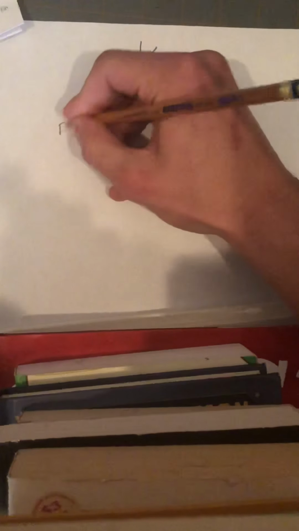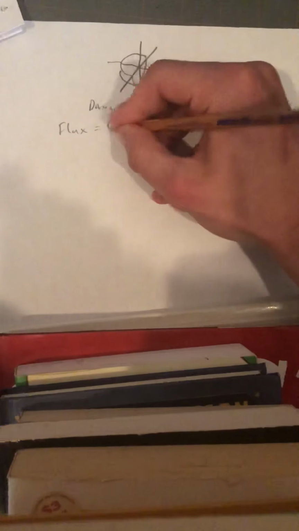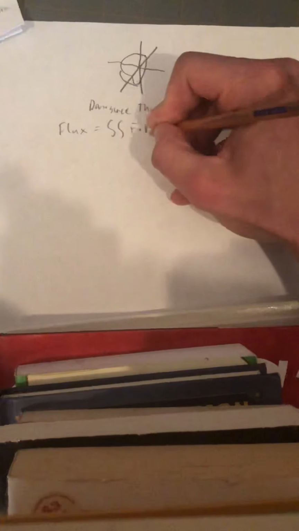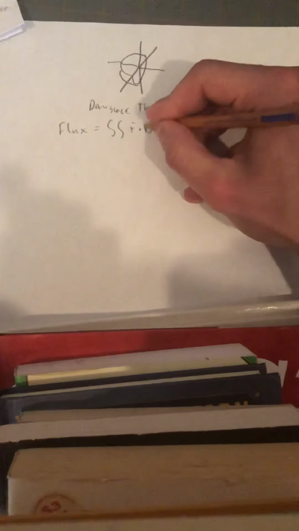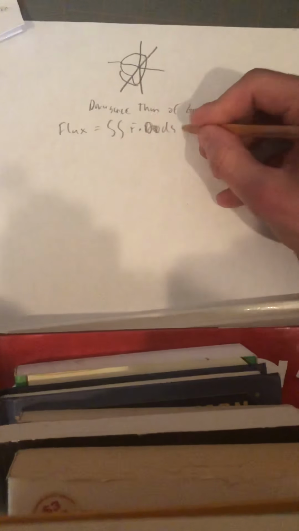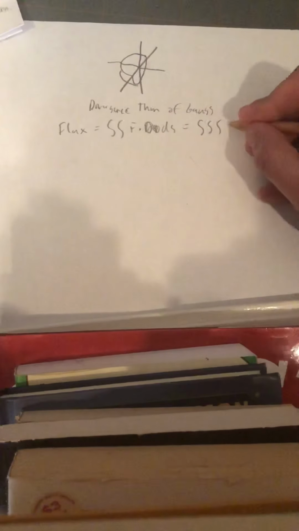But instead, what we can do is use the divergence theorem of Gauss, which has to do with flux. Flux is just the integral of F dot dS. The divergence theorem of Gauss says this is equal to the integral of the divergence of F dV over the region R, provided that S is the boundary of the region, which it is.